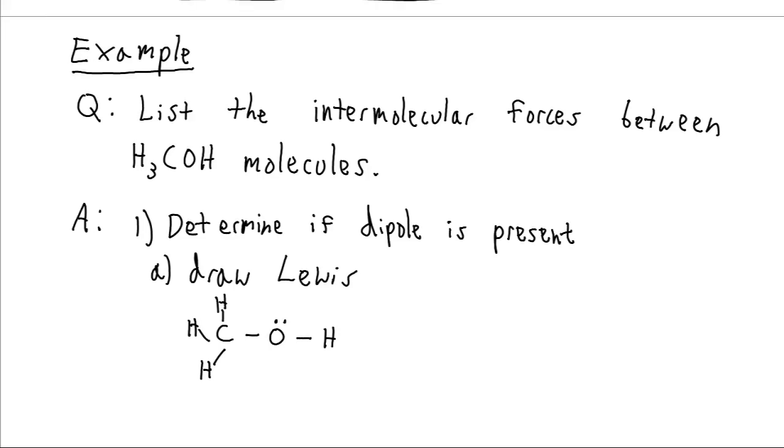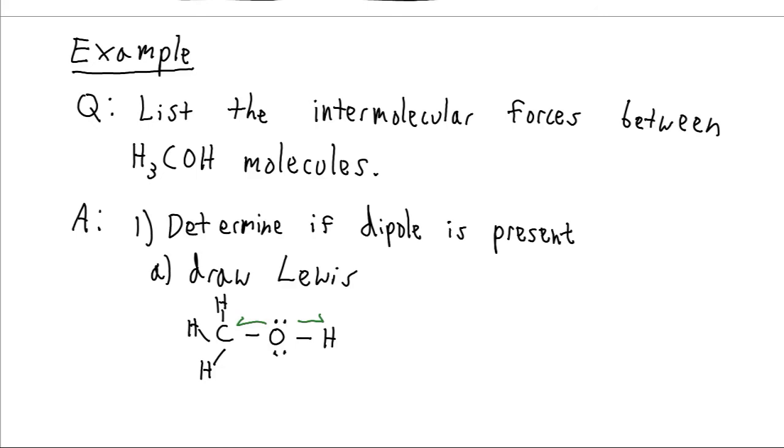So I can put the last 4 electrons on that oxygen. And I'm going to have some bond dipoles here, because oxygen is much more electronegative than hydrogen or carbon. So I have some bond dipoles like that. And carbon and hydrogen have similar electronegativity, so there's no polarity there, no dipoles present.